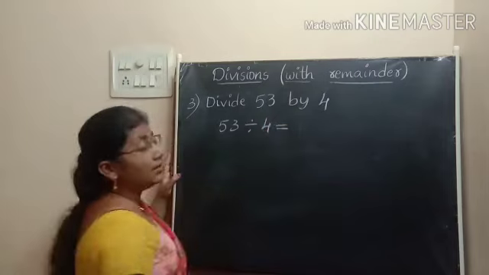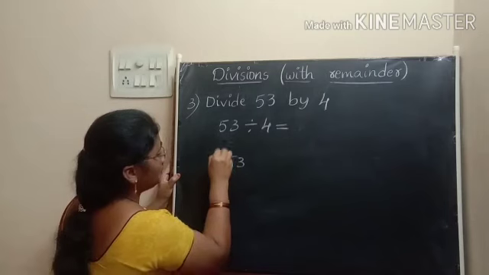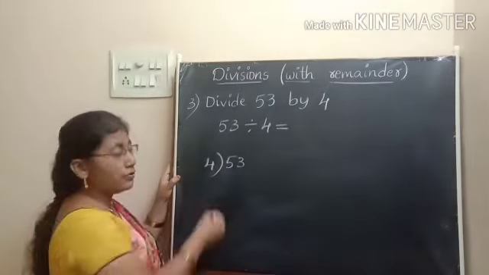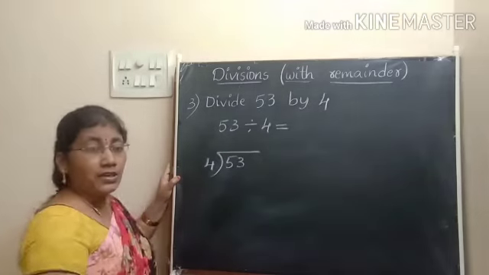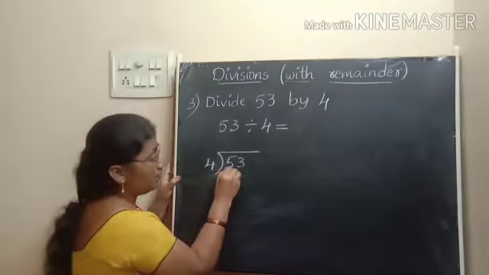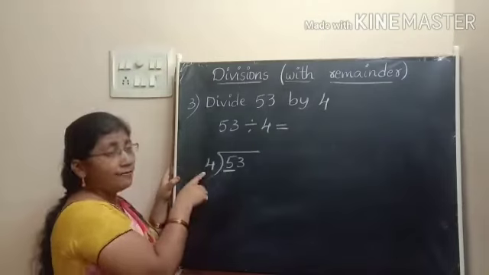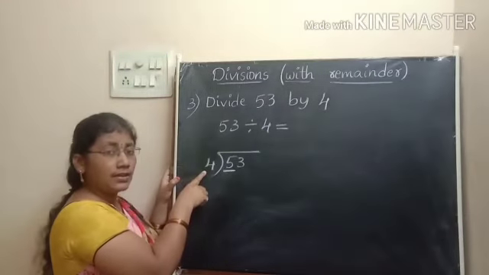Now we write 53, left side bracket and 4. 4 is the divisor. We have to take the 4 table. First we should take a single digit from the dividend. This is 5. 5 is more than the divisor.